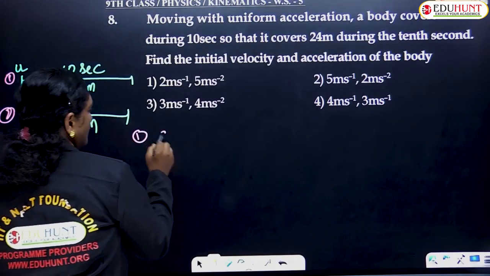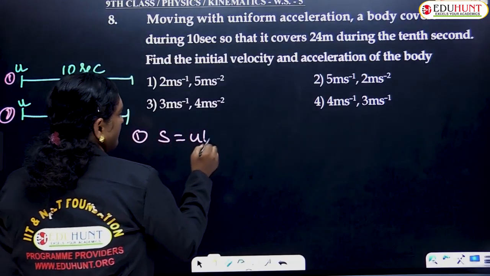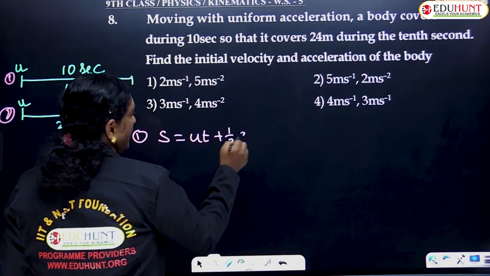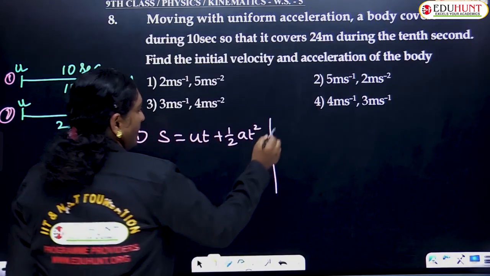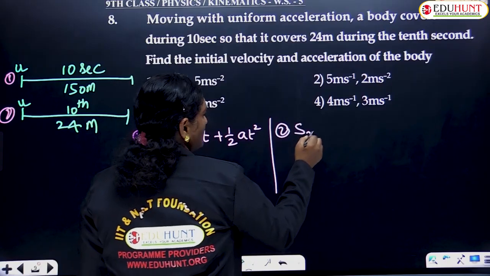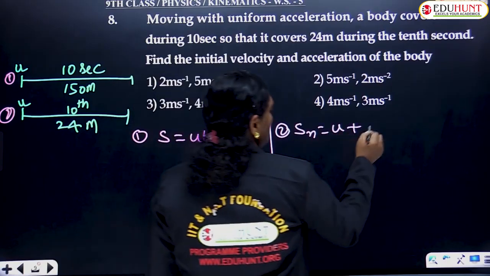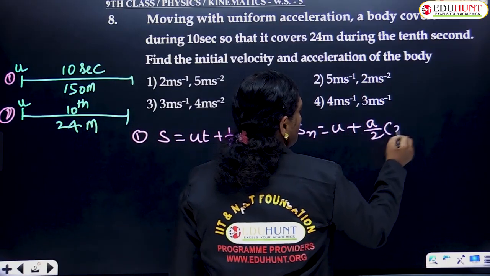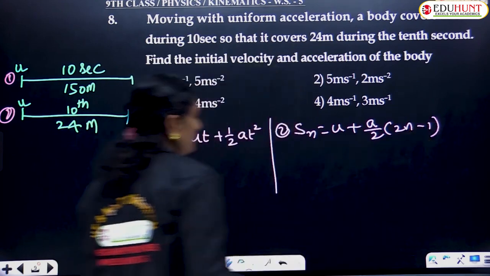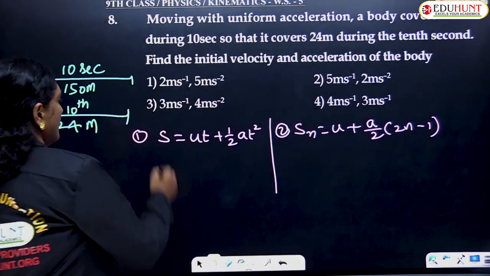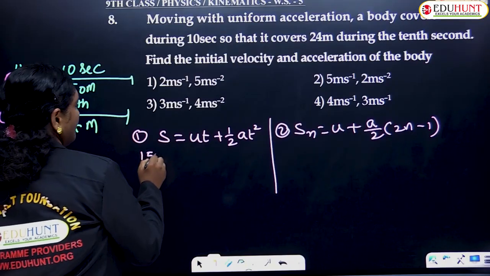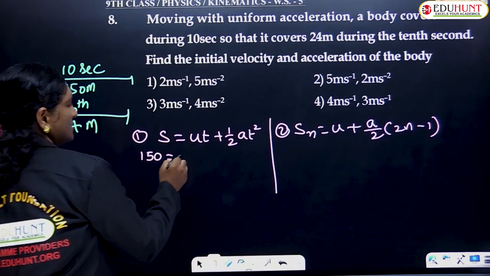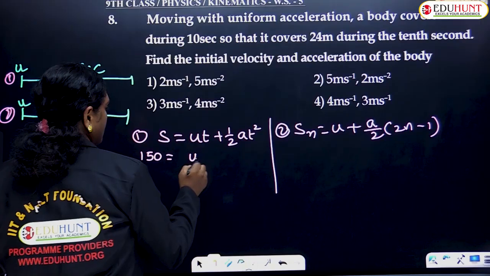For the first case, we need to use the formula S equals ut plus half at square, whereas for the second case, you have to use the formula Sn equals u plus a by 2 into 2n minus 1. Two different formulas. So what is the distance covered, children? Given 150 equals initial velocity unknown, so keep it as u.